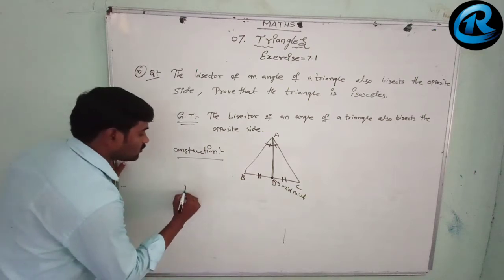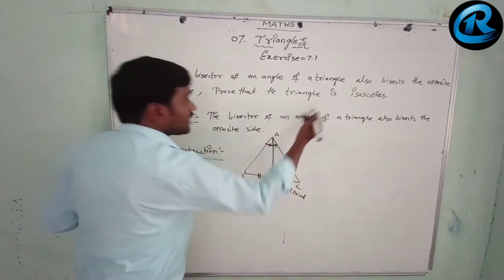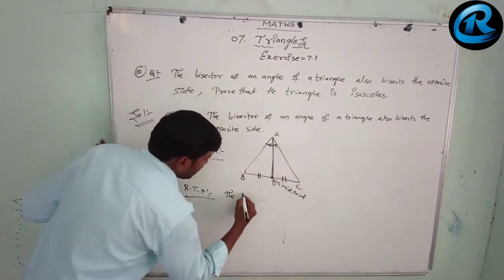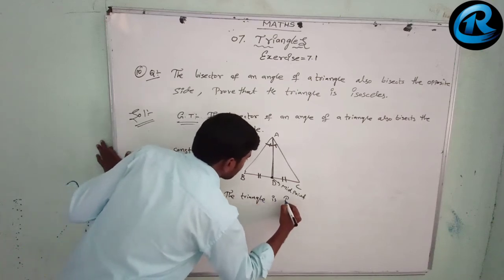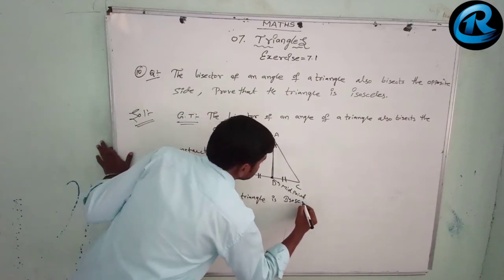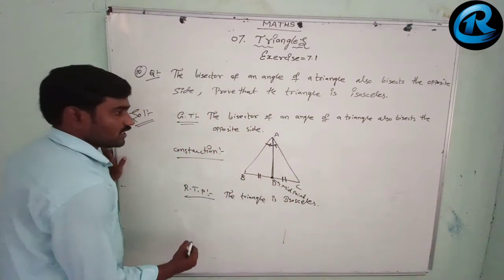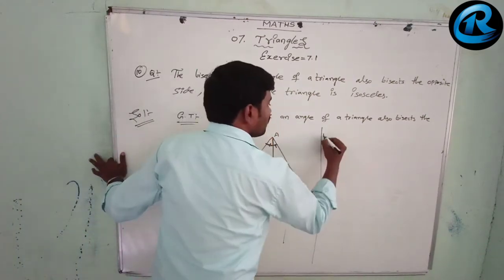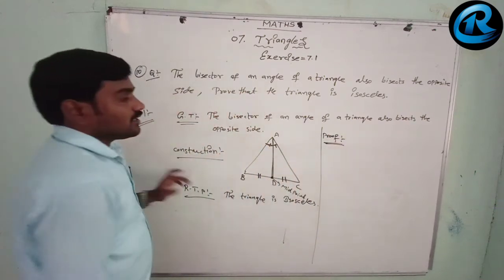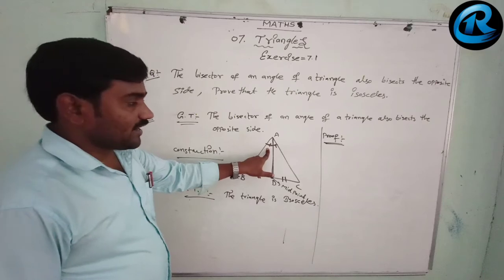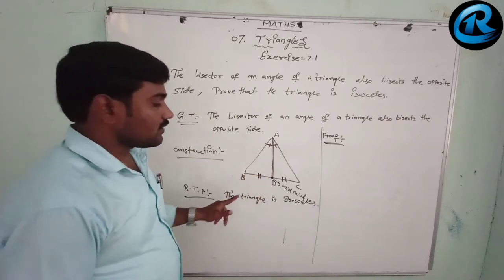So what we need to prove, that is, RTP: we have to prove that the triangle is isosceles. Okay, let us prove that. Here we go for a proof. See that the bisector of an angle of a triangle also bisects the opposite side.